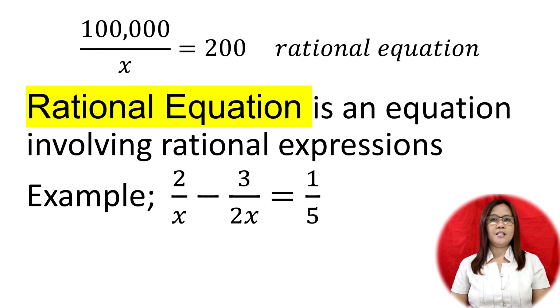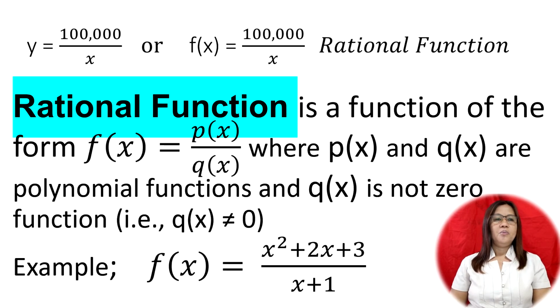100,000 over x is equal to 200 is a rational equation. A rational equation is an equation involving rational expressions. Example of this, 2 over x minus 3 over 2x is equal to 1 over x. y is equal to 100,000 over x, or f of x is equal to 100,000 over x, is a rational function.